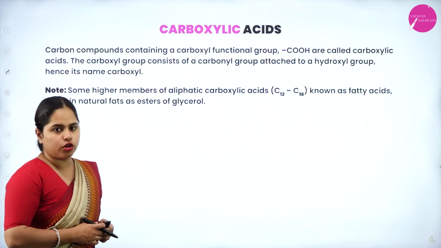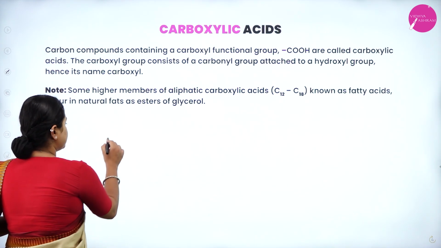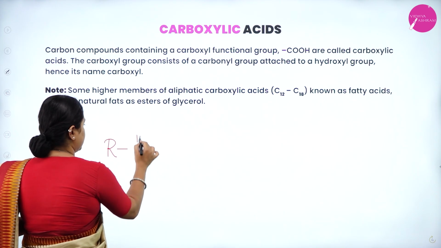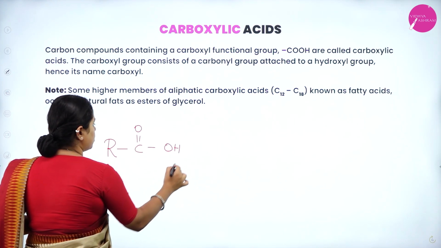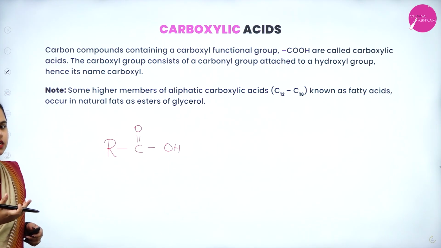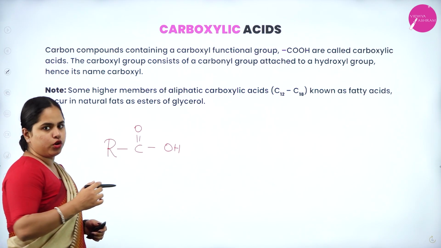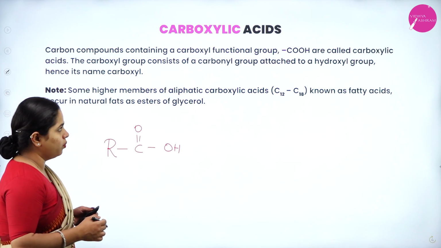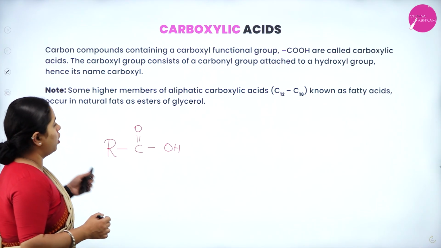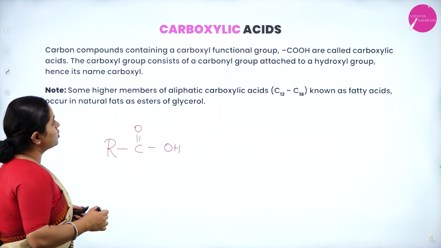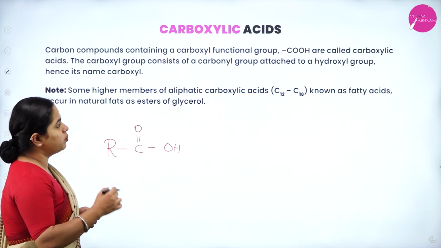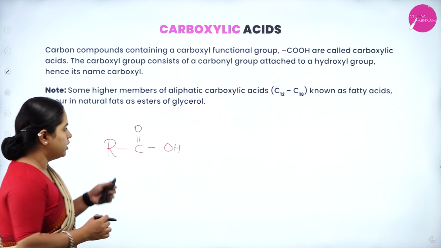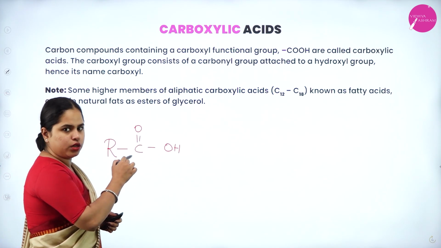So beginning with the introduction to carboxylic acid, the general representation is R-C double bond O-H. This is also a carbonyl compound itself because it has the C double bond O group, right? The carbon compounds containing a carboxyl functional group, that is COOH, are called carboxylic acids. The carboxyl group consists of a carbonyl group attached to a hydroxyl group. This part is called the carbonyl group, right?